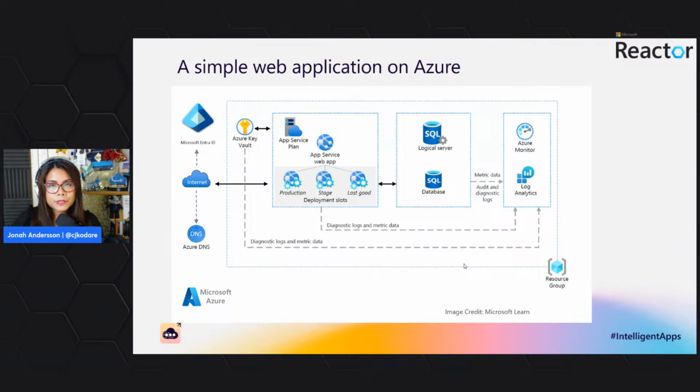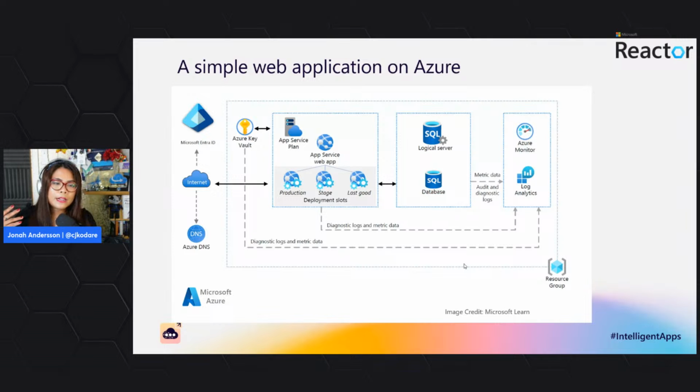Before that, there was the Azure CLI as well, which is generally used for communicating with Azure resources. But how does it work? For example, you have a project, a simple web application like this.